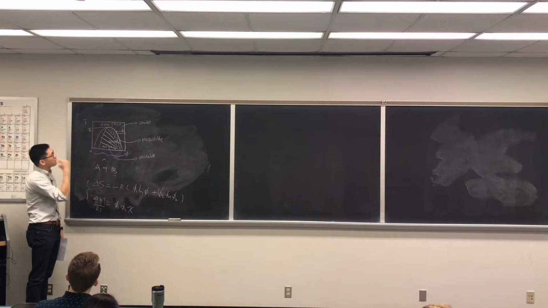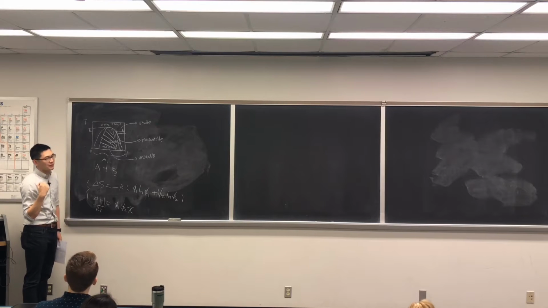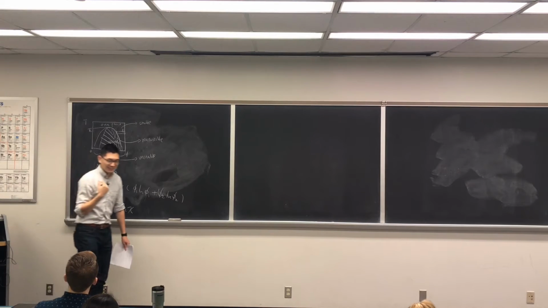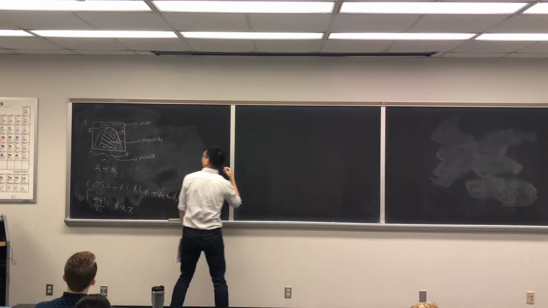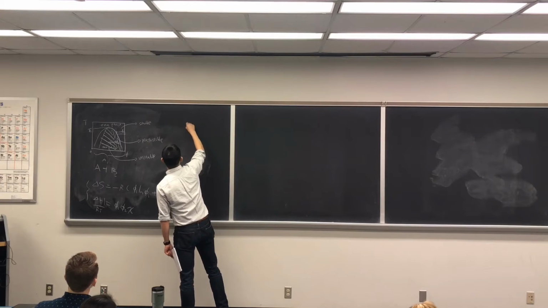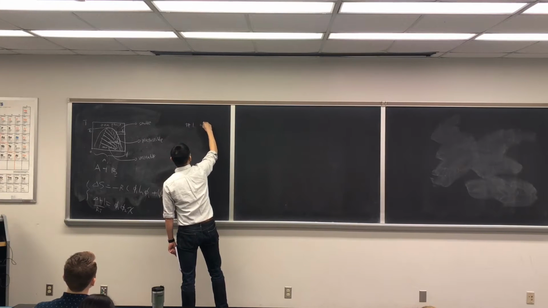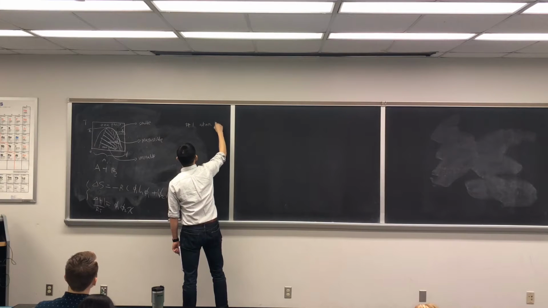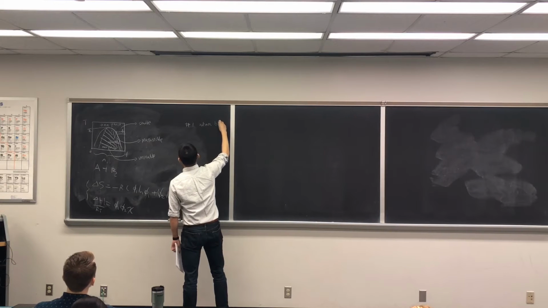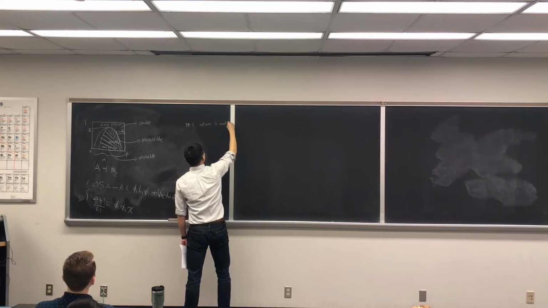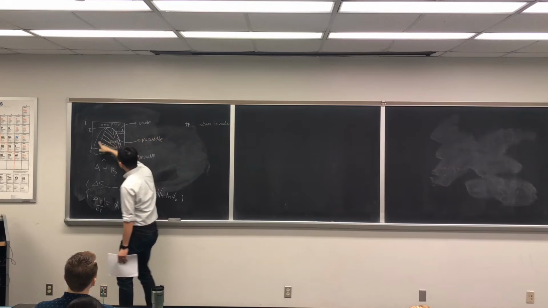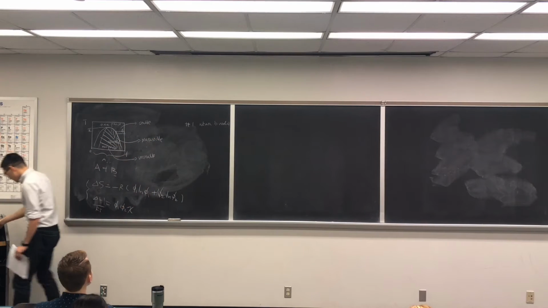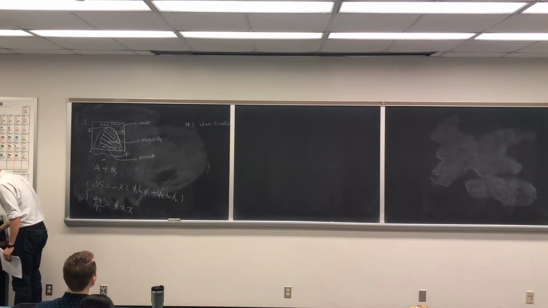So let me first introduce the idea of what the binodal is. Number one, what's the binodal and how do we understand that? Let me use a different color so I can highlight.